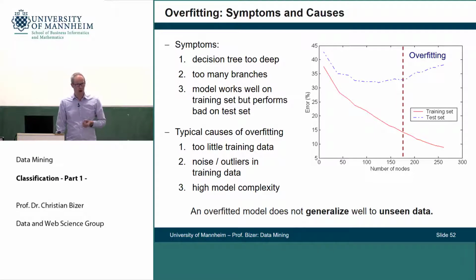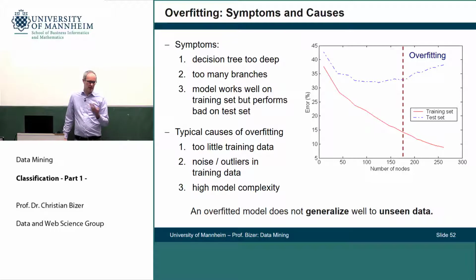So symptoms of overfitted trees: they are very deep, they have many branches, and they don't work so well on unseen test data. Typical causes: too little training data, so we don't show enough examples. If we don't show a red tree, there's no chance that the model learns that there are red trees. Also, noise in the training data could be a problem. We will see this in a second. And also allowing too flexible models.